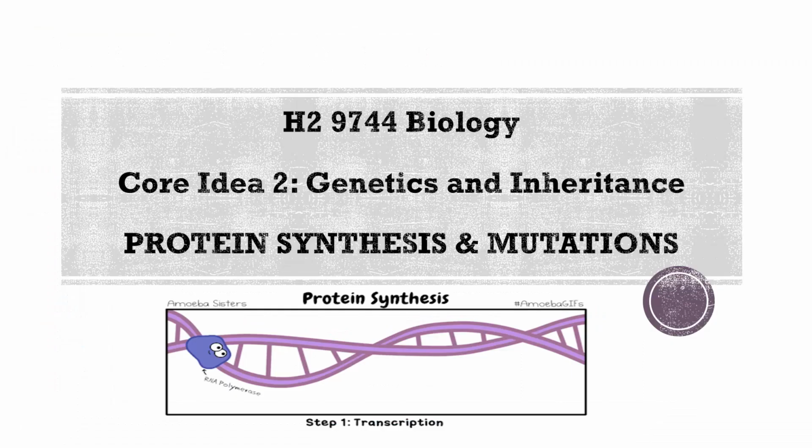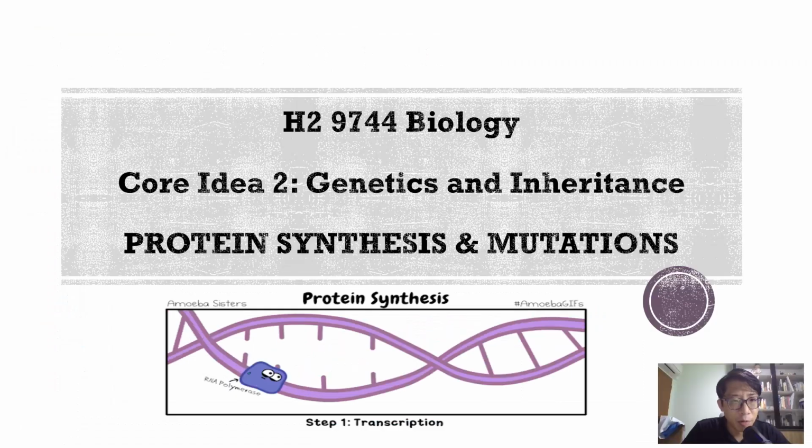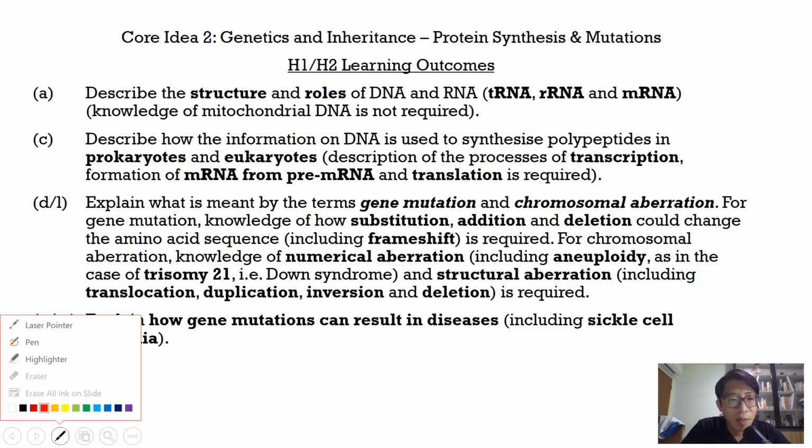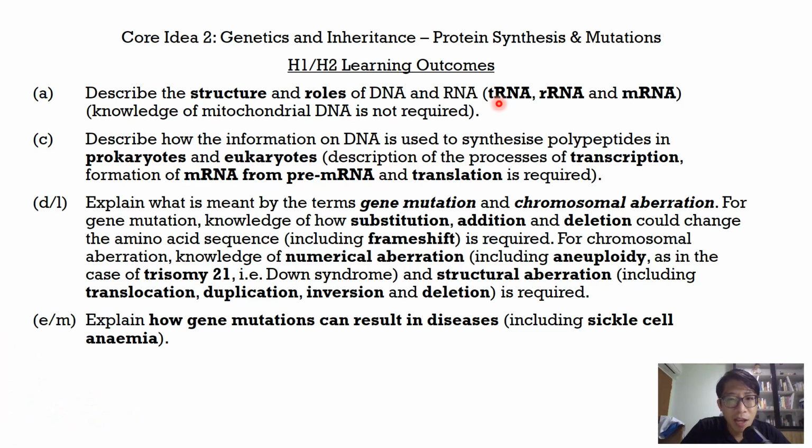Okay, so we are at a new topic, right? The topic of protein synthesis and mutations. In the previous topic, you have learned about the structure of the different RNA molecules, the tRNA, rRNA, and mRNA. So in this topic, we will learn about their roles or their functions during protein synthesis.